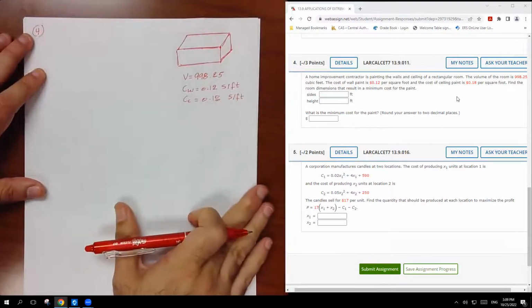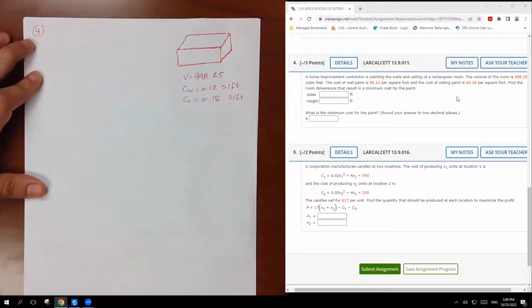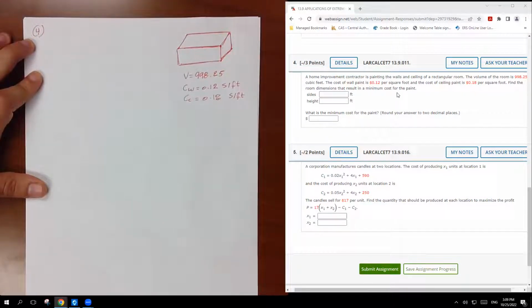Okay, so that's the only information we have. Let's find the room dimensions that result in the minimum cost for the paint. So we need to find the dimensions, then the minimum cost.